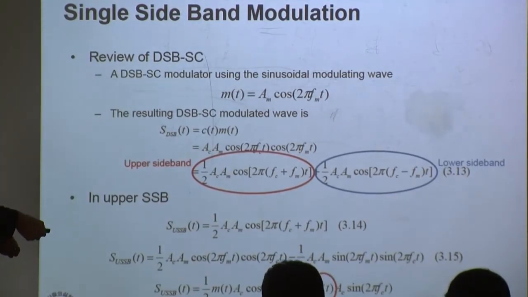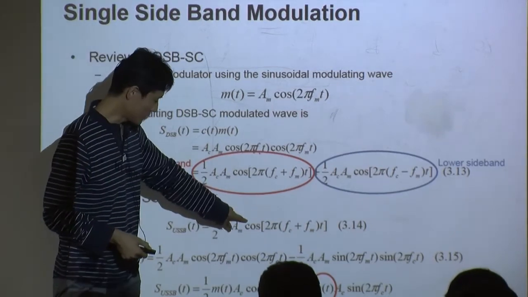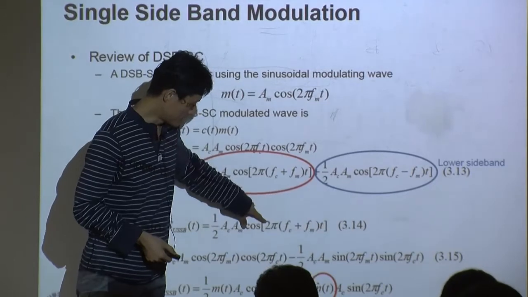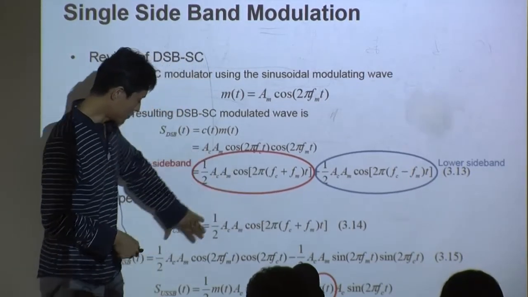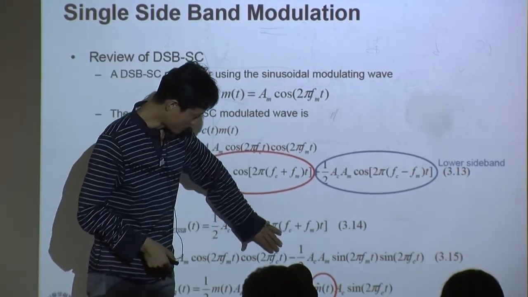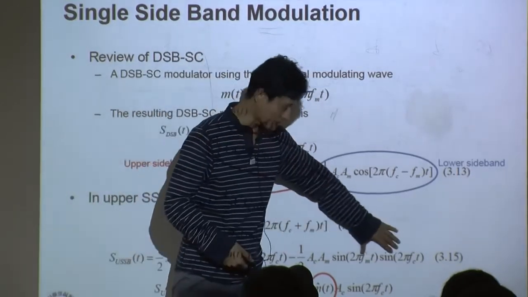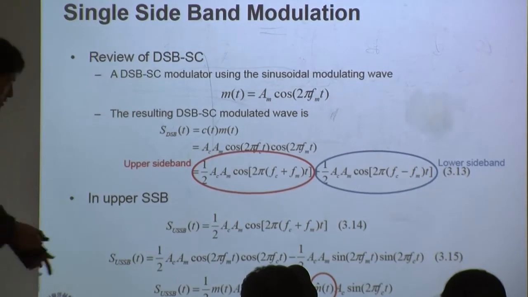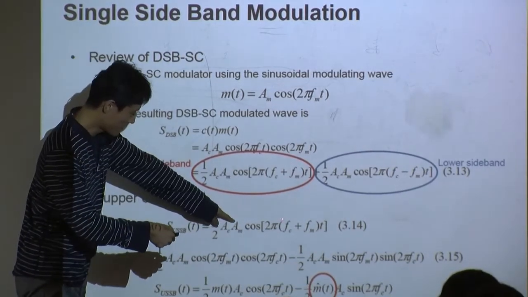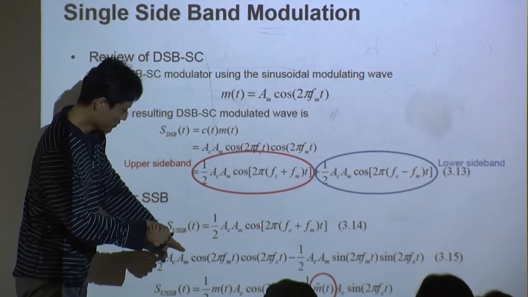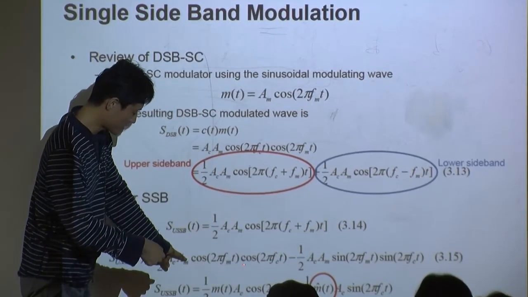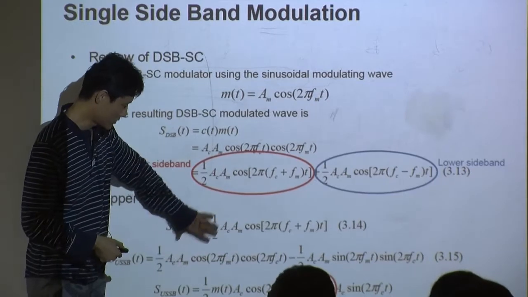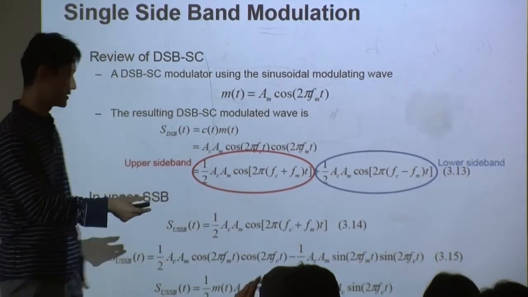And what I'm trying to do is use another identity: cosine of alpha plus beta, which you can rewrite as cosine alpha cosine beta minus sine alpha sine beta. That's another high school trigonometric identity. So I can rewrite it as cosine cosine minus sine sine. These are basically the same thing, just written another way.